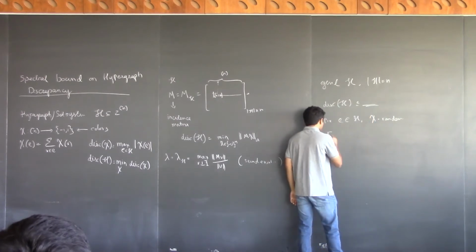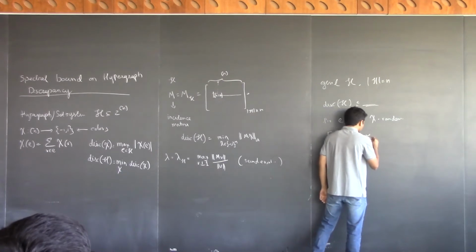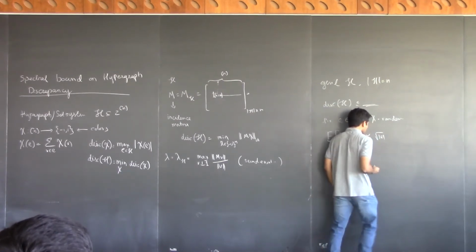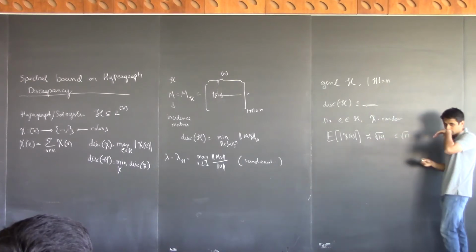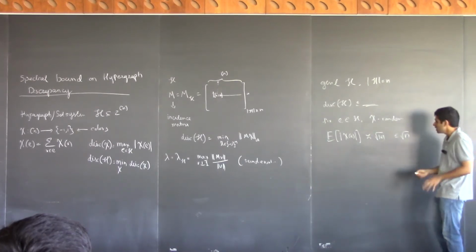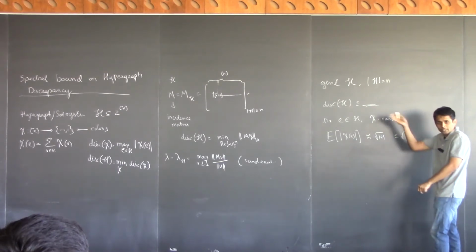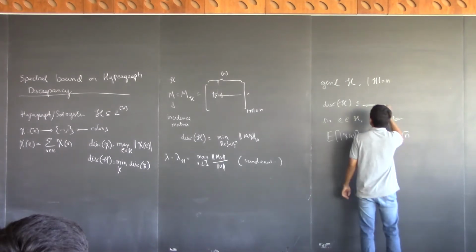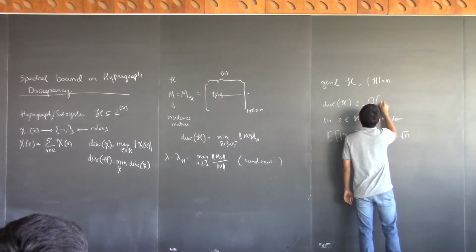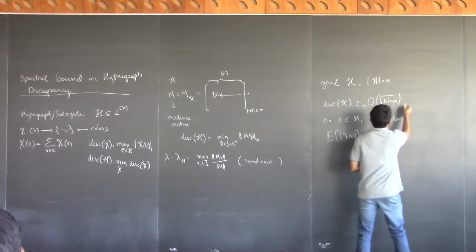It's easy to see that the imbalance is something of the order square root of |E|. An edge can have at most n vertices, and so by losing a factor of log n, you can union bound over all the edges. So this is easy.